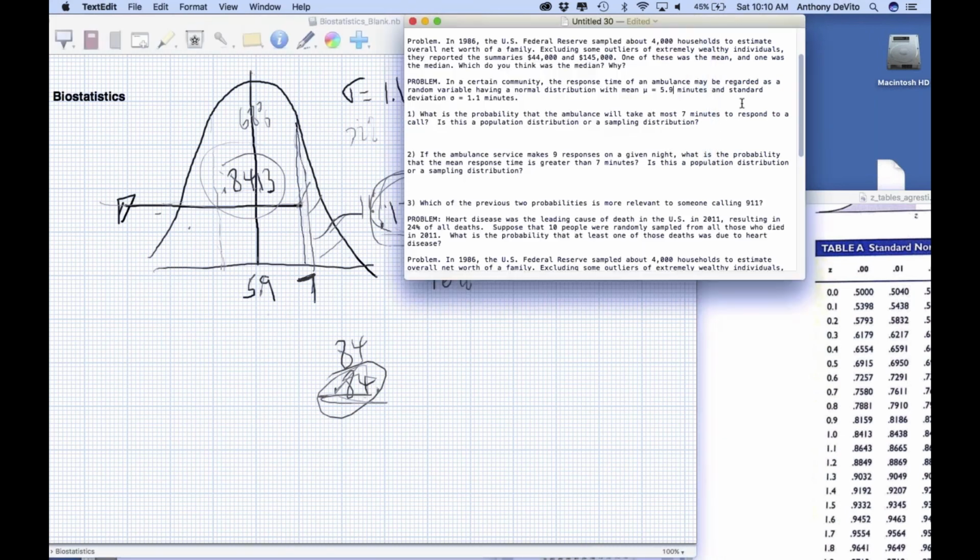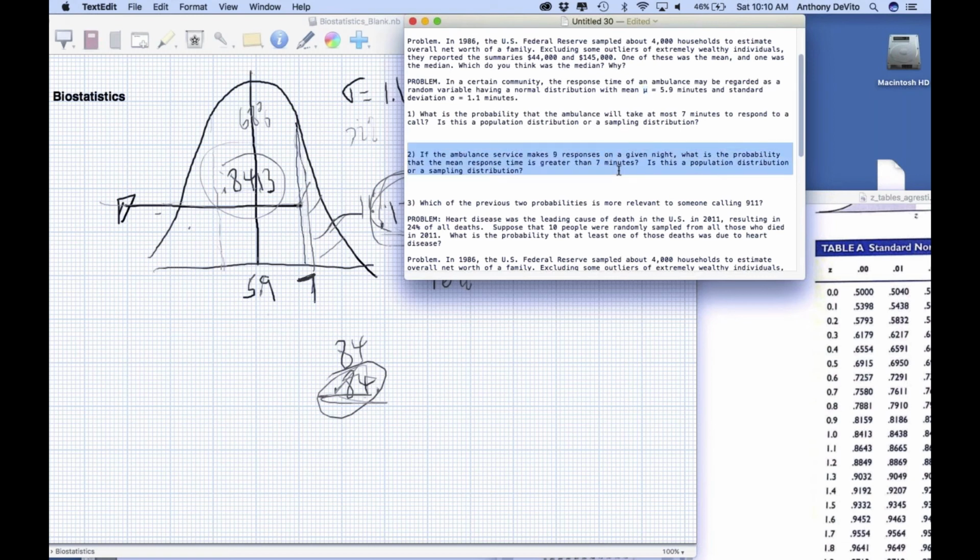Okay, what's the next part of this problem? If the ambulance makes 9 responses in a given night, what is the probability that the mean response time is greater than 7 minutes? Is this a population distribution or sampling distribution? First of all, it's a population distribution because they use mu and sigma to represent the mean and standard deviation.